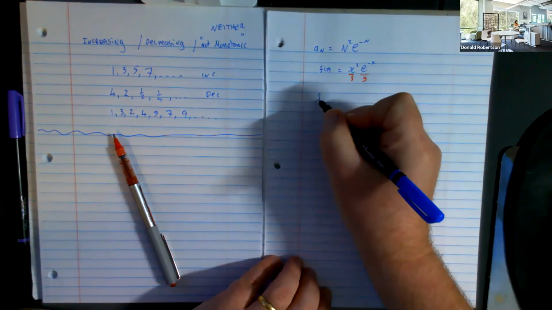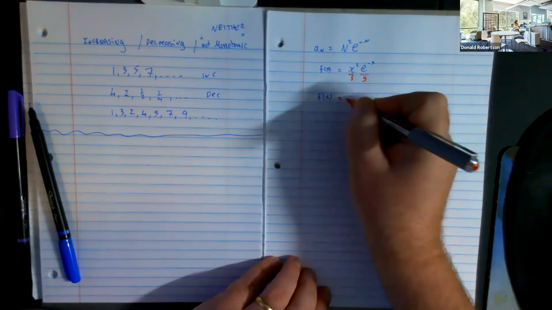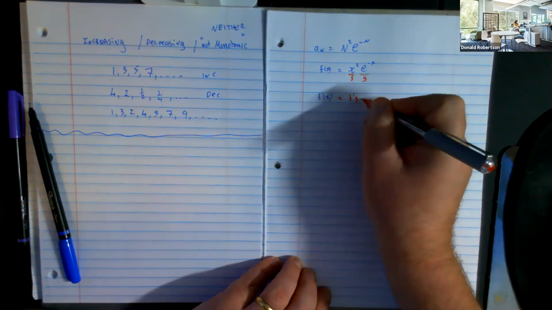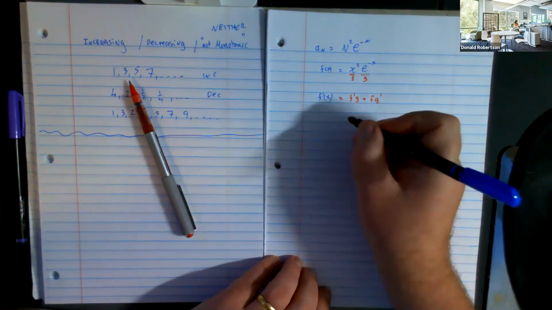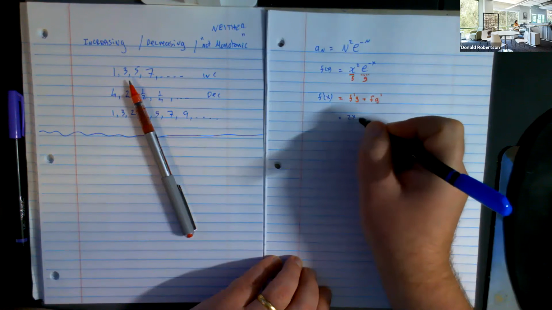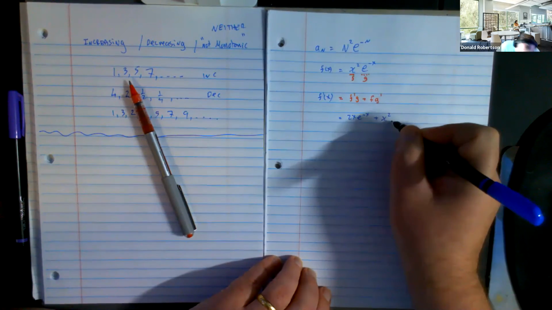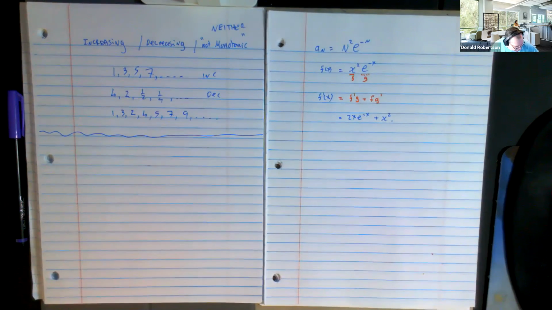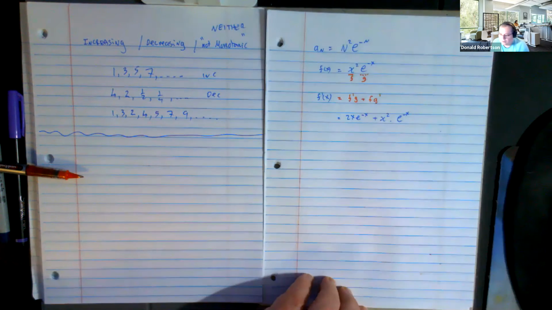So the derivative is F dash G plus F of G dashed. And that gets me 2x, leave that guy alone, plus x squared. If you differentiate e to the negative x, you do get e to the negative x.